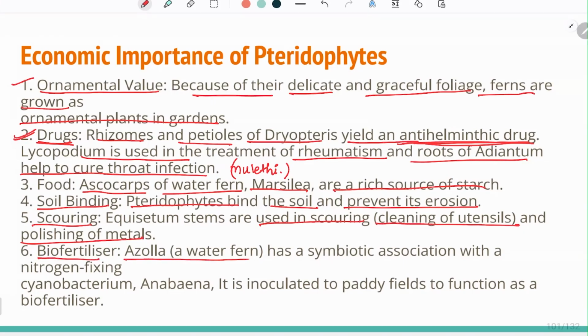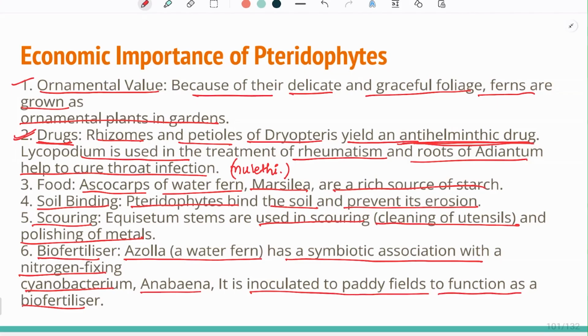Biofertilizer. Azolla, a water fern, has a symbiotic association with the nitrogen-fixing bacterium Anabaena, and it is inoculated to paddy fields to function as a biofertilizer. We have seen one symbiotic association in the plant kingdom, that was algae and fungus. Algae and fungus are known as lichen and they are an indicator of pollution.